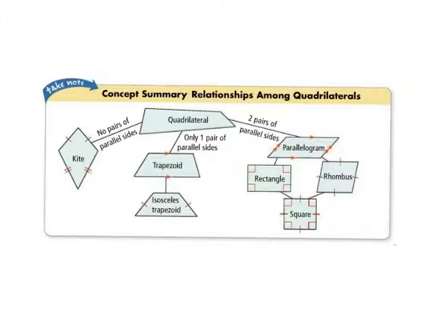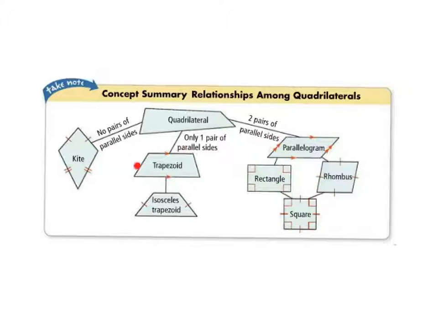The ones with two pairs of parallel sides we call parallelograms. Then I have special properties: rectangles and rhombuses. Each of those is a parallelogram with its own properties. When I combine a rectangle and a rhombus, I get a square. So that's how those are related.